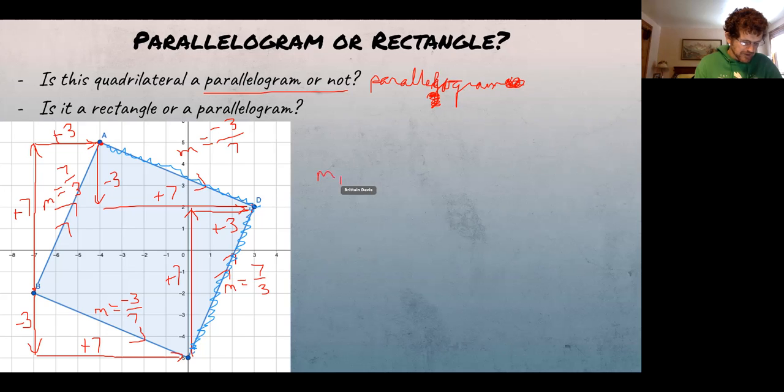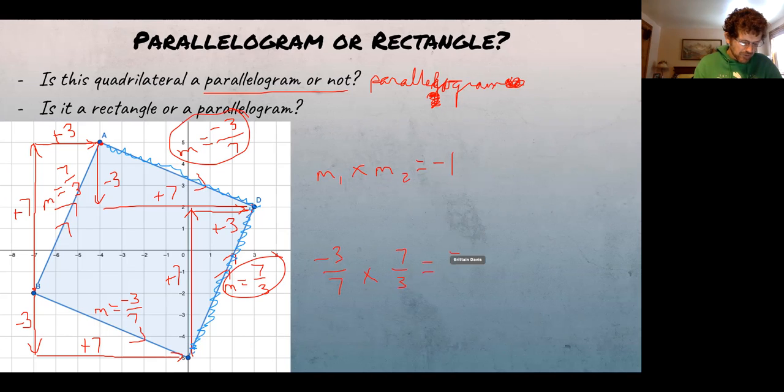So I'm going to multiply the slope by the slope and see if I get -1. All right. So my slope here, I was jumping ahead because I have a 7 I'm about to write. Let's say that I'm going to multiply that slope and that slope together. So I'm going to have negative 3 over 7 times 7 over 3.